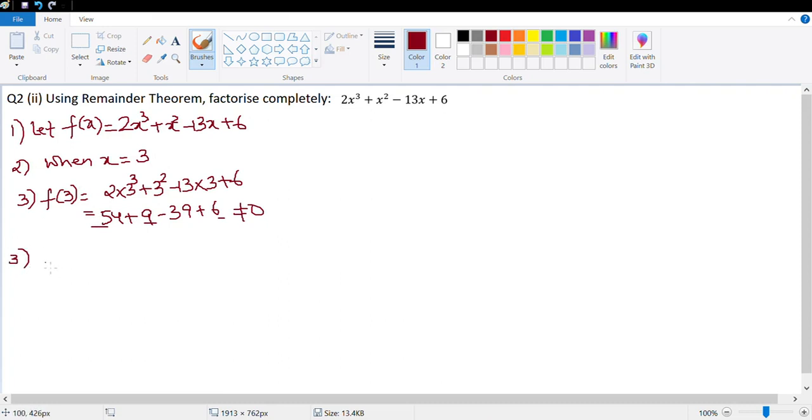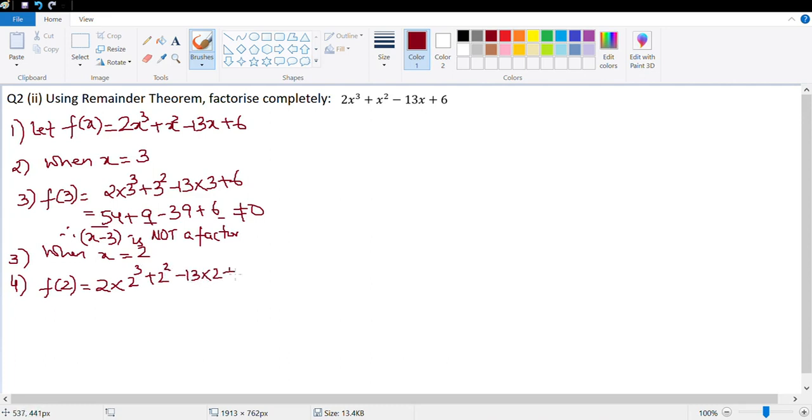Let's try x is equal to 2. We get the value of the expression as 2 into 2 cube plus 2 square minus 13 into 2 plus 6.